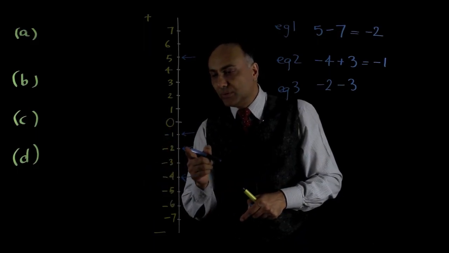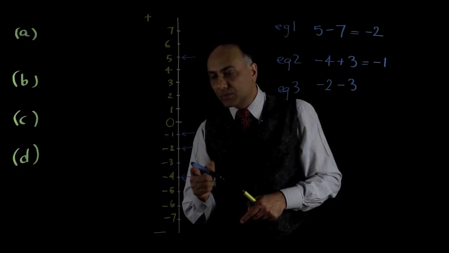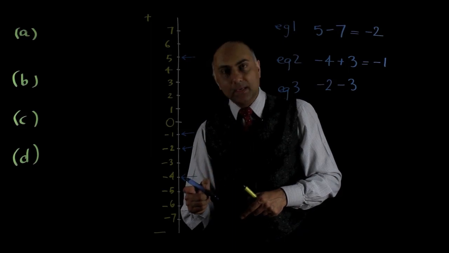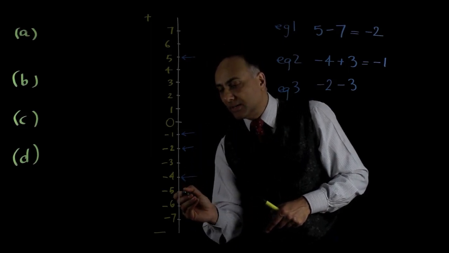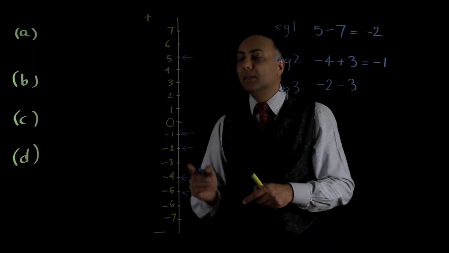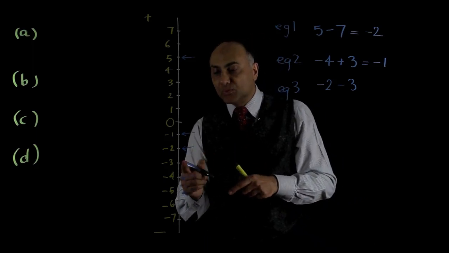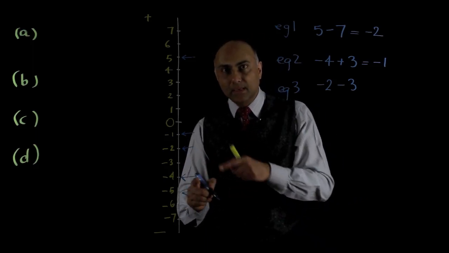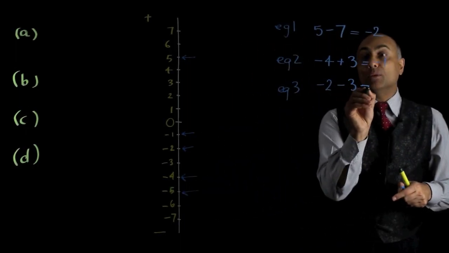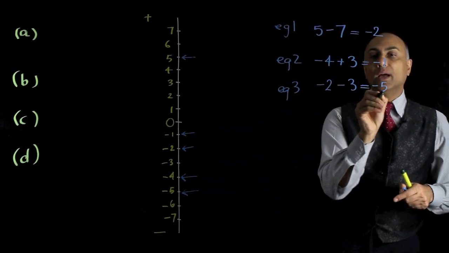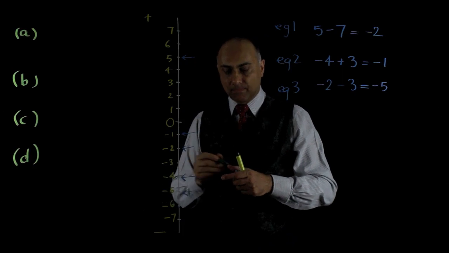So from minus 2, if I go down 1, 2, 3, I reach minus 5. So minus 2 subtract 3 is minus 5. So it's even more negative, or if you like, even smaller.